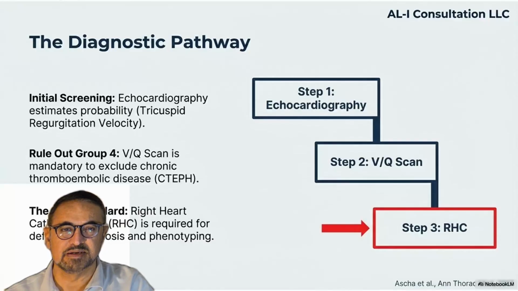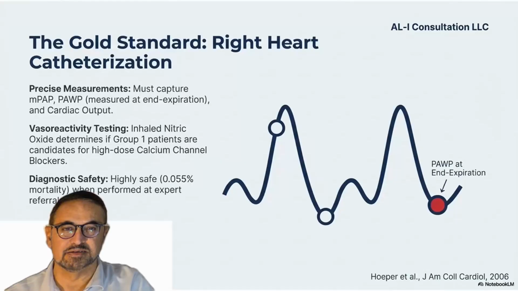A VQ scan is mandatory when you're evaluating for chronic thromboembolic disease because CT angiography alone can miss it. And the gold standard remains right heart catheterization. The sequence is simple: echo raises suspicion, VQ scan helps exclude group 4 disease, and right heart catheterization confirms the diagnosis and phenotype.